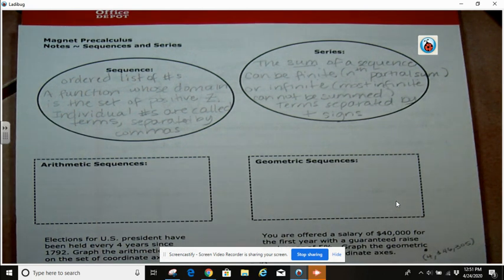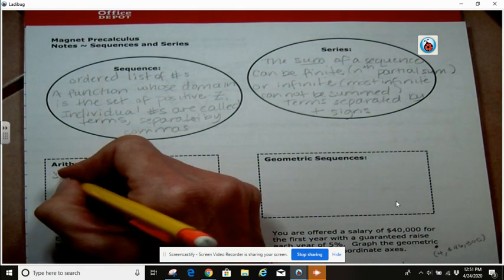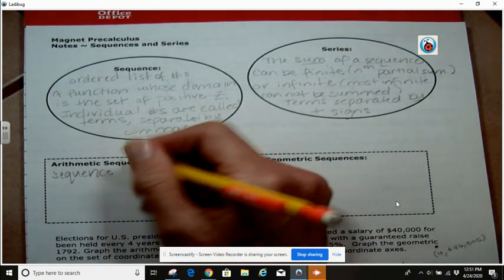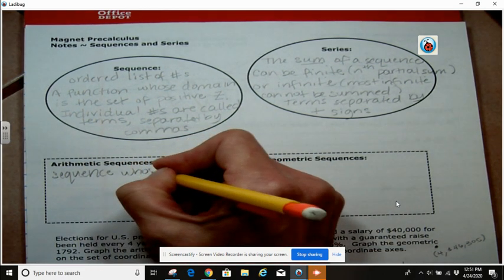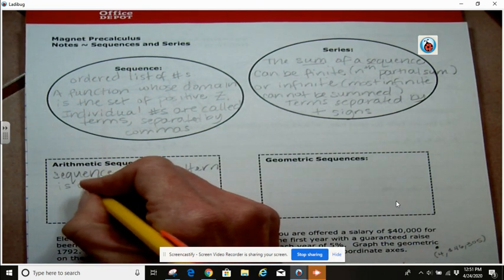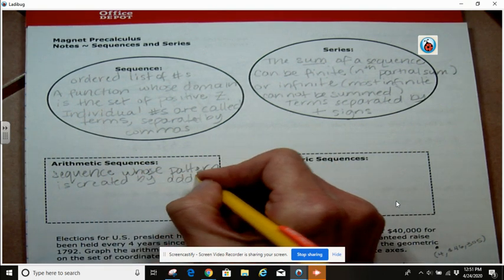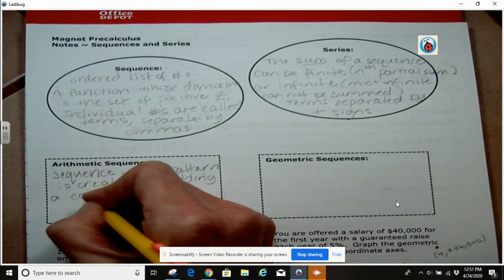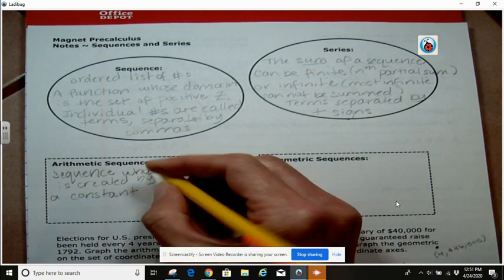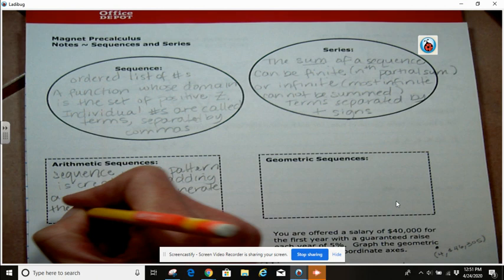So if you take your ordered list of numbers and it is a particular type of pattern, then it could be an arithmetic sequence. An arithmetic sequence is a sequence whose pattern is created by adding a constant to generate the next term.